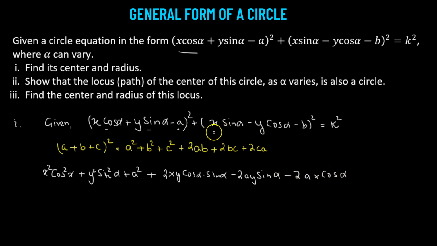Now coming to the second term, we expand it using the same formula. We get plus x squared sine squared alpha plus y squared cosine squared alpha. Here we have negative y cosine alpha in the second term, but when we square it, we get positive y squared cosine squared alpha. Similarly for the third term, we get positive b squared. Next is 2 times the first term times the second term.